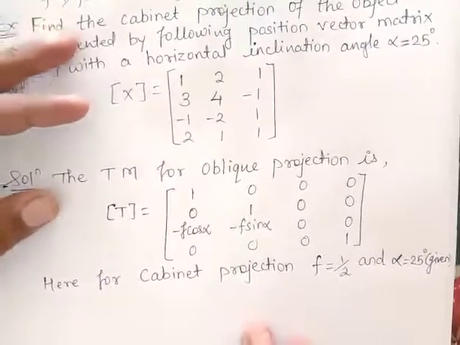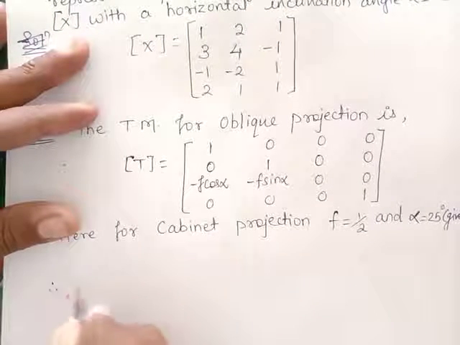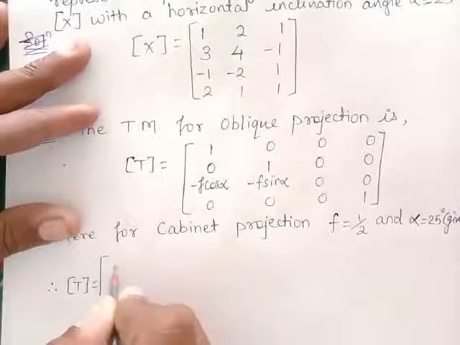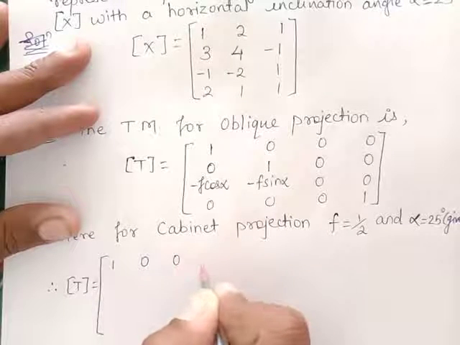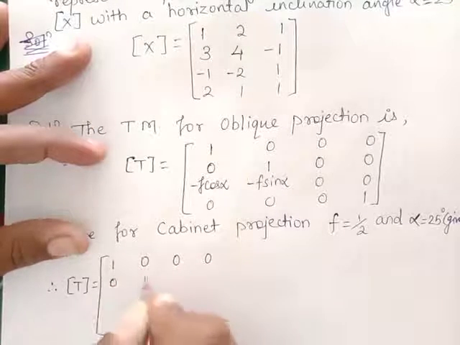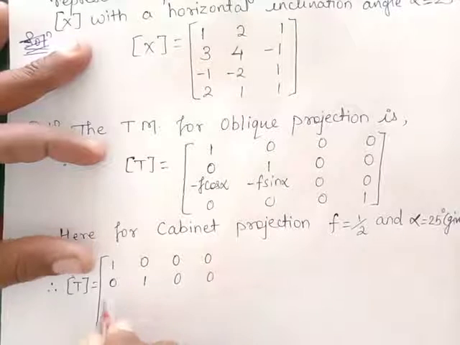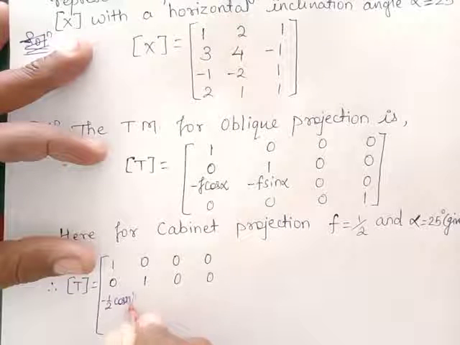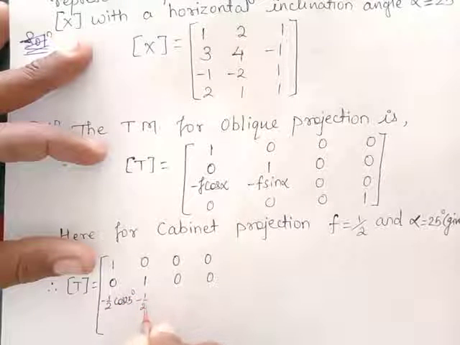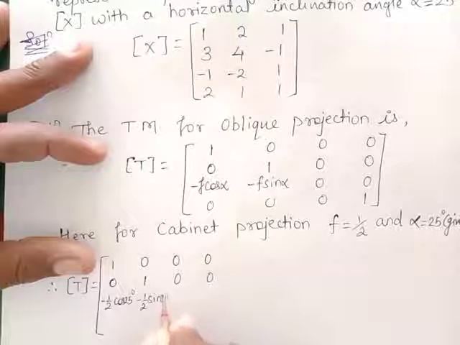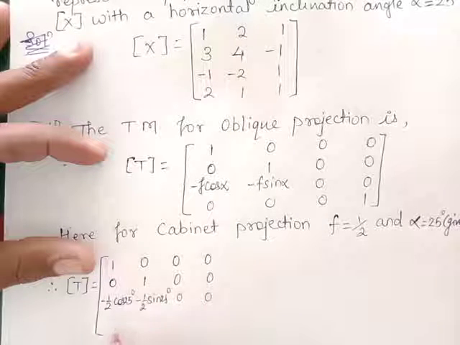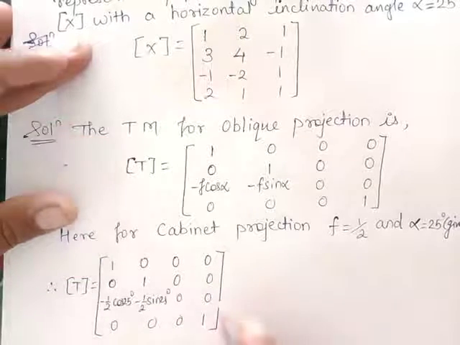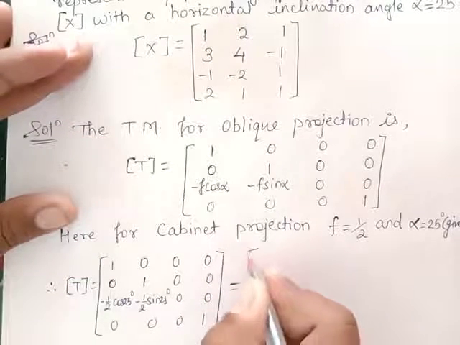Alpha is 25 degrees. Therefore, T equal to 1, 0, 0, 0; 0, 1, 0, 0; minus 1 by 2 cos of 25 degrees, minus 1 by 2 sin of 25 degrees, 0, 0; 0, 0, 0, 1. Right? So what is the simplification here?